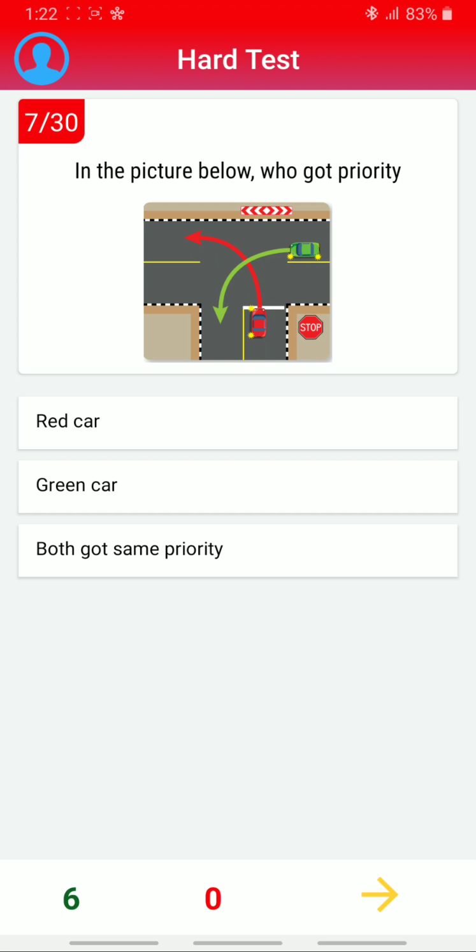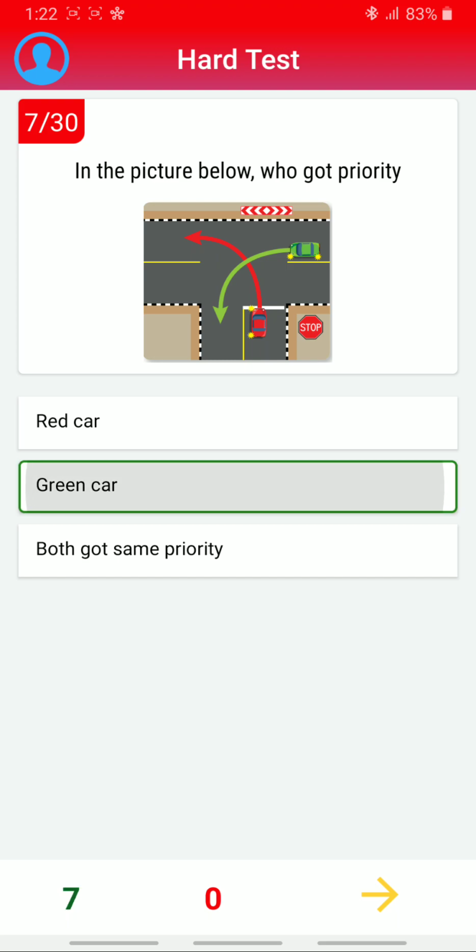And the green car, while turning, doesn't have any solid line, so the priority will be toward the green car. The green car needs to go first. Green car is correct.